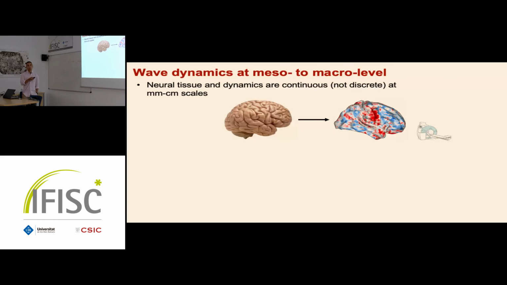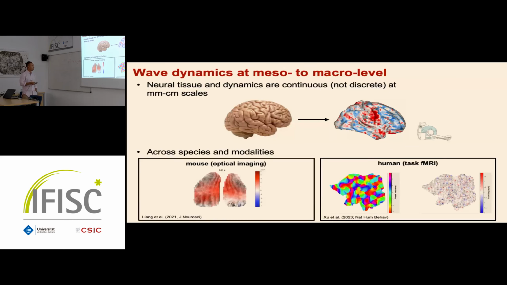And this is typical of, say, works by Leo that show that the brain intrinsically has this wave-like activity. This is true not just in humans and not just in fMRI. It's also true in other types of modalities. So here, for example, I'm showing you a typical optical imaging for a mouse brain.